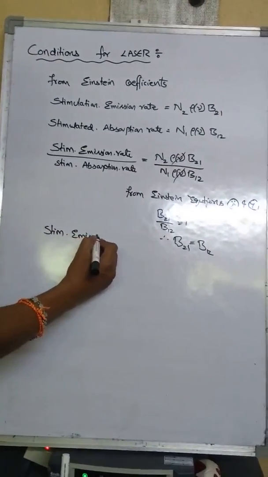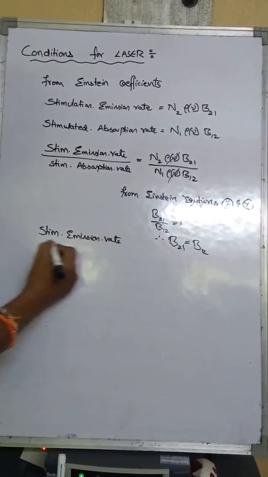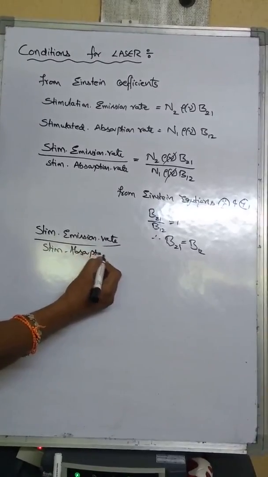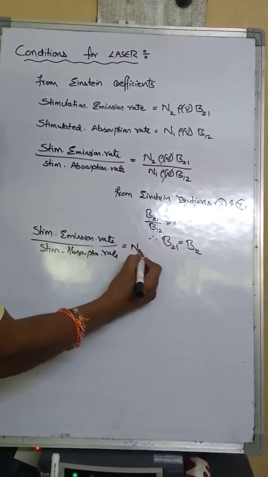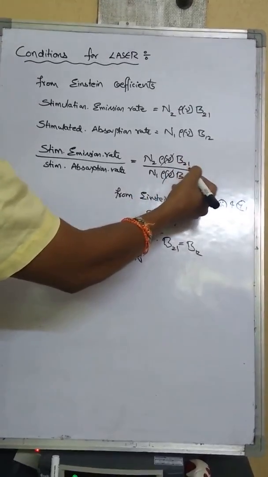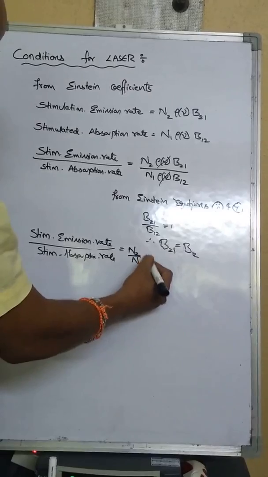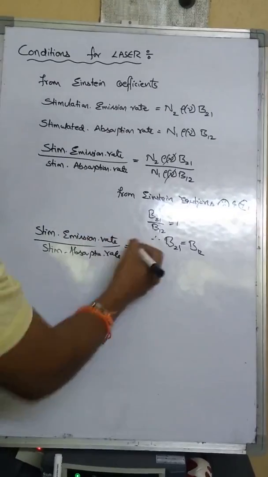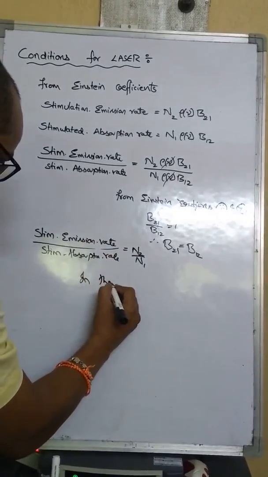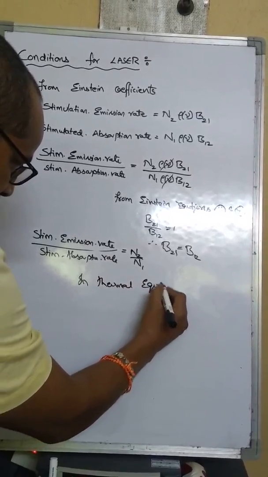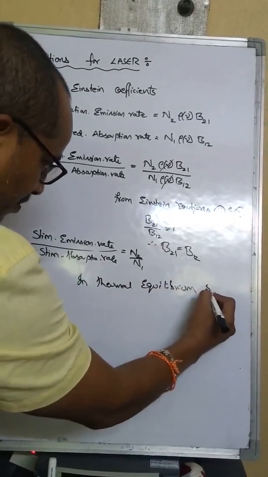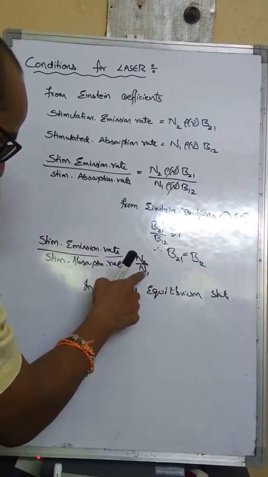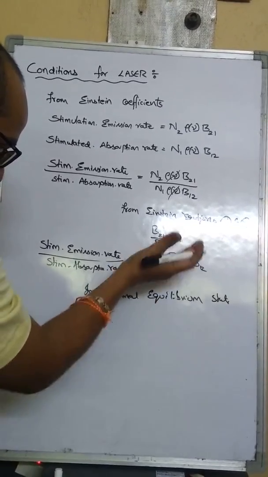This stimulated emission rate by stimulated absorption rate is equal to N2 by N1, and here B21 and B12 are equal, therefore this ratio is nothing but N2 by N1. Now, in thermal equilibrium, under the equilibrium state, N1 represents the number of atoms in the ground energy level, and N2 represents the number of atoms in the higher energy level.